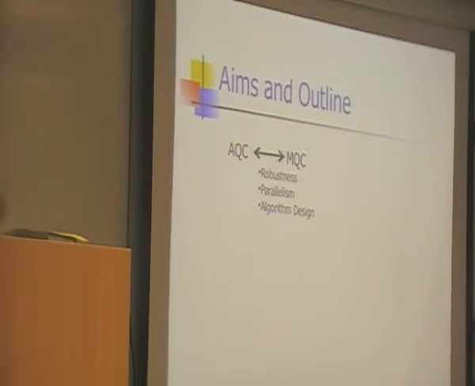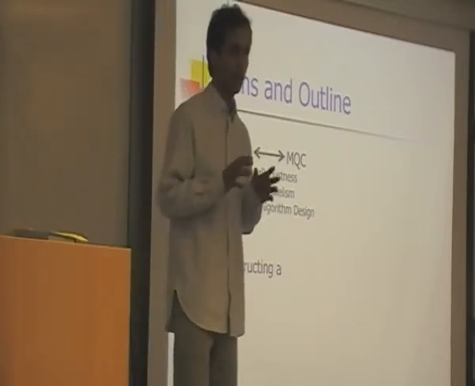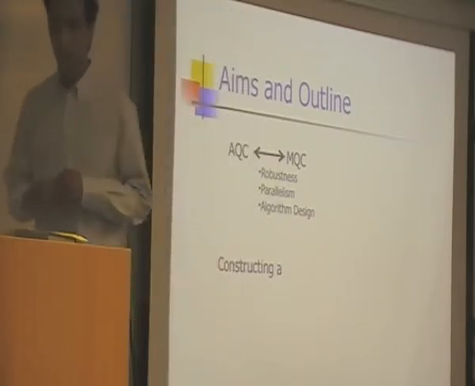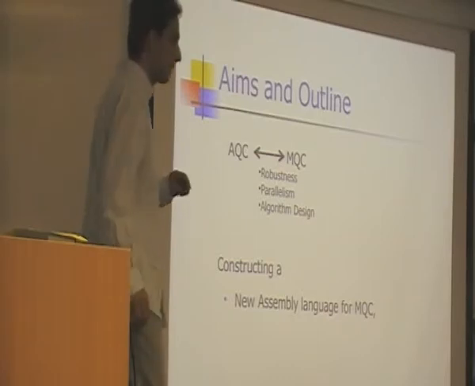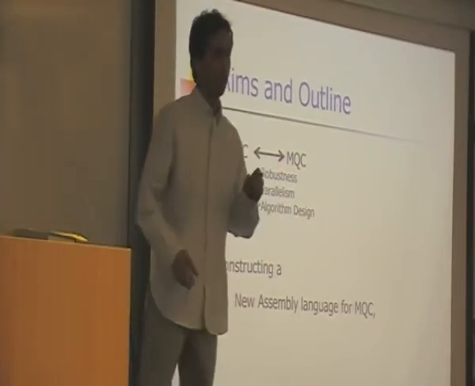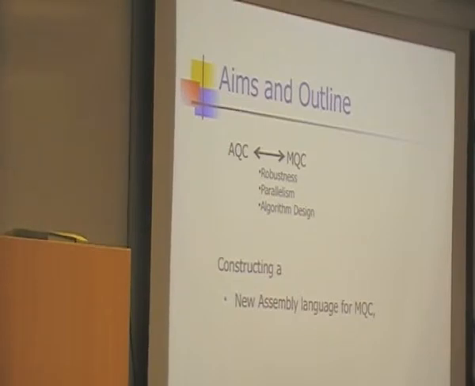So we are seeking the linkage between these two models, and in this part of the project that I'm talking about today, we construct a new assembly language for MBQC to be able to adapt it to the Hamiltonian-based evolutions.